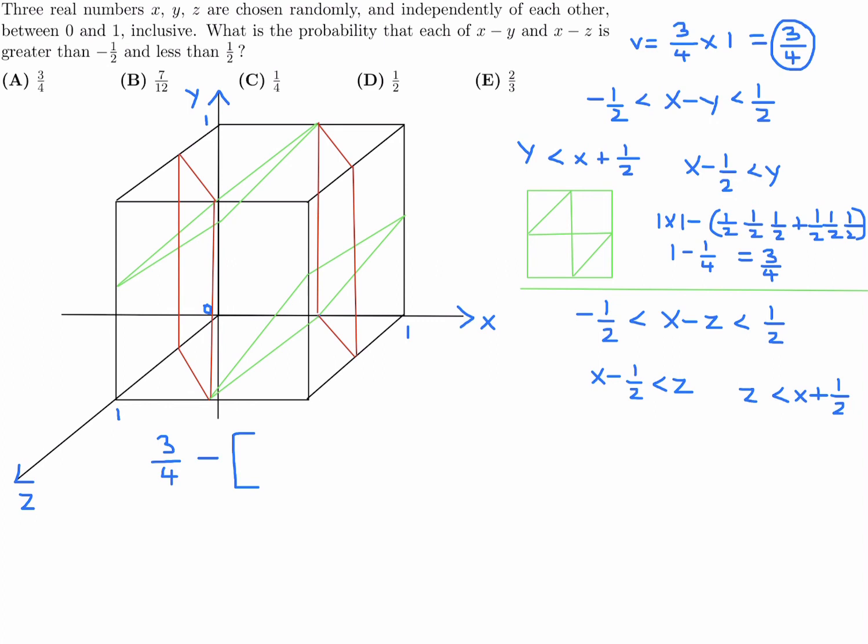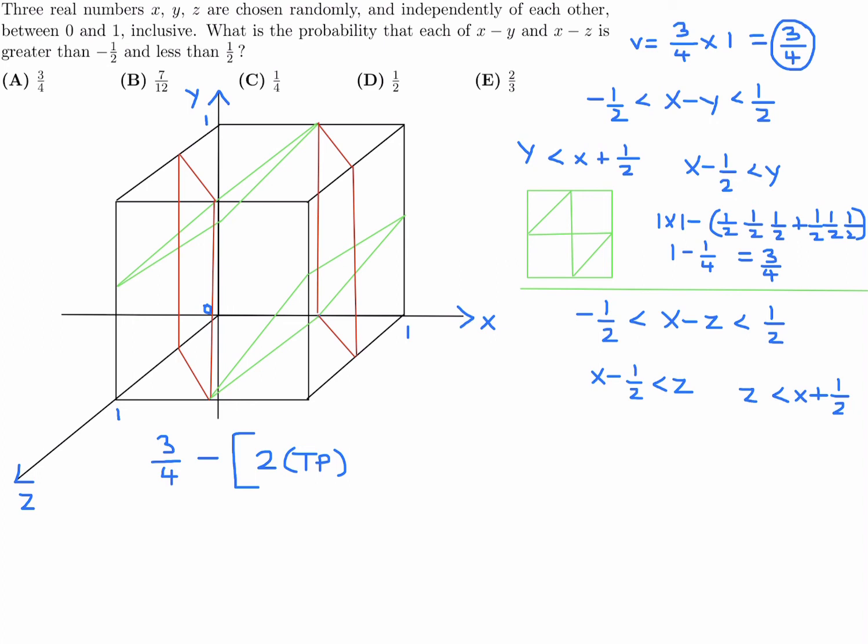something. And that something, of course, is this triangular prism, right? That's what this is. And there's two of those guys, so I have to subtract those two triangular prisms. So 2 TP, triangular prisms.